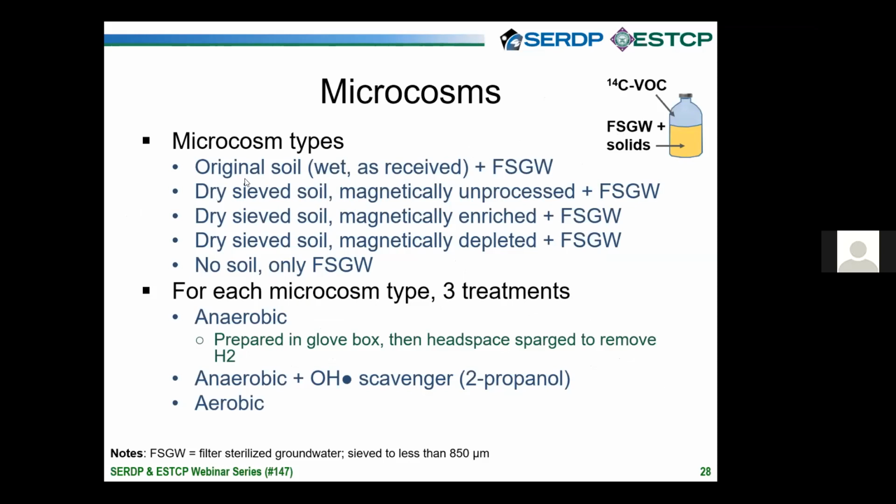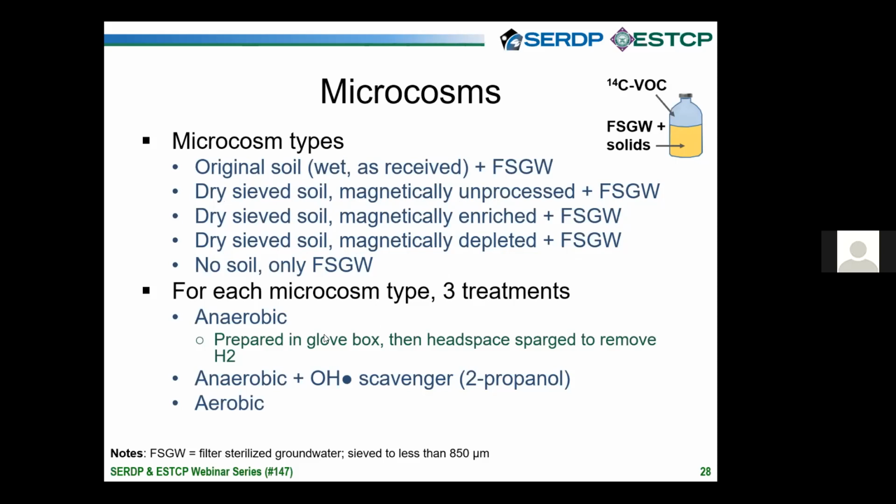We're doing these microcosms with the original wet soil as received, with dry sieved soil that we haven't done any magnetic processing to, another set with the magnetically enriched soil, another set with the magnetically depleted soil, and then a set of controls with just the water in it to measure the background rate of C14 product formation, which we subtract away from the activity in the treatments with the soil present.